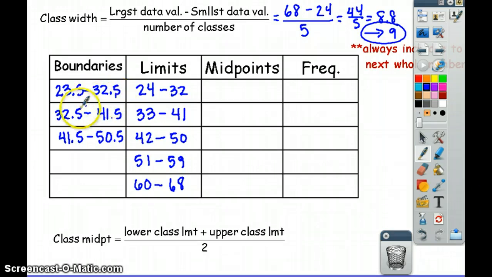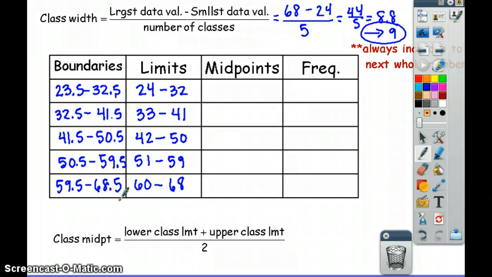This ends at 32 and a half. This begins at 32 and a half. This bar ends at 41 and a half. The next bar begins at 41 and a half. So my next bar would be 50 and a half to 59 and a half, and 59 and a half to 68 and a half. Those are the boundaries of the bars of the histogram.